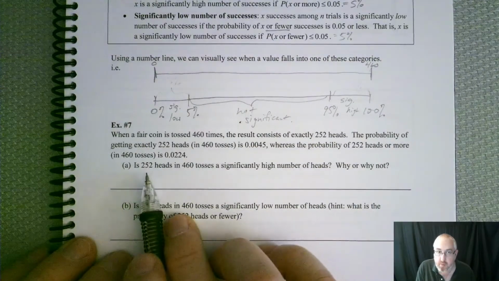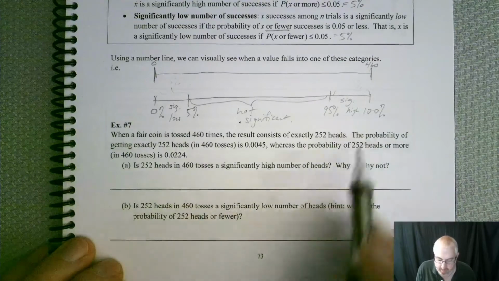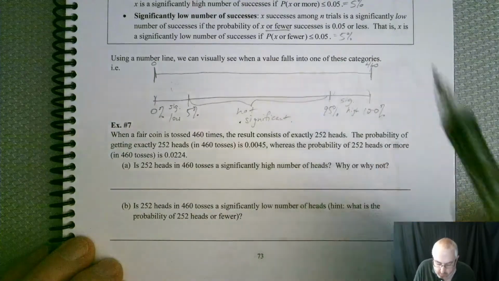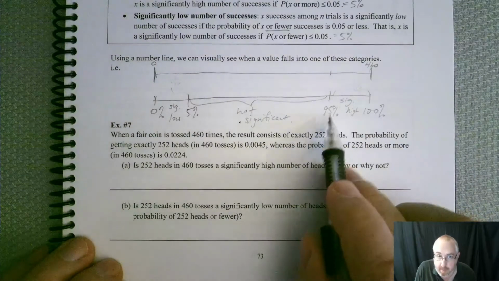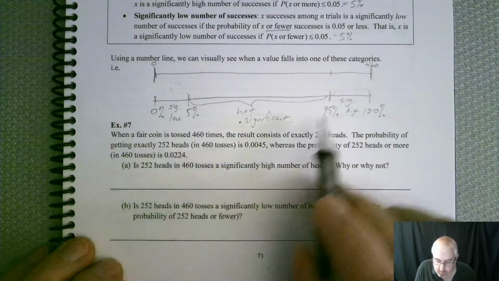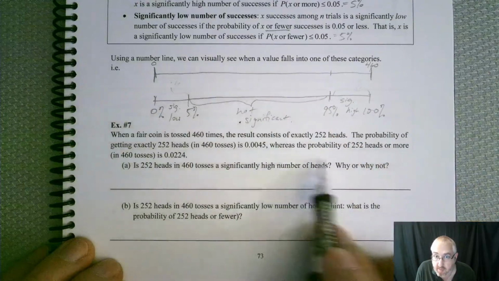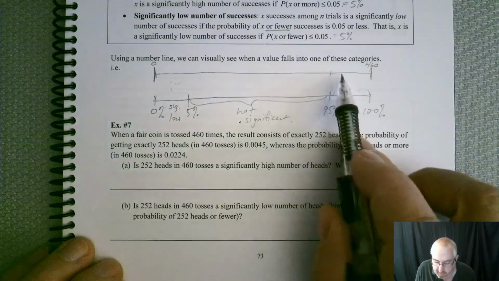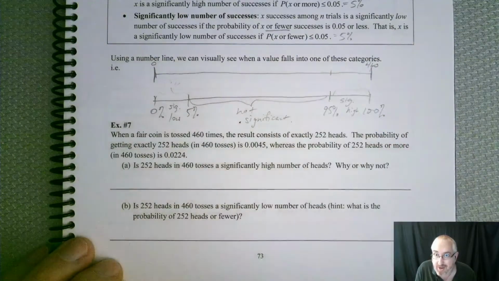Where does 252 lie based on this information? So again, there's the cutoff for 95%. Does 252 lie over here based on this information, or does it lie in here, somewhere in this significant range?